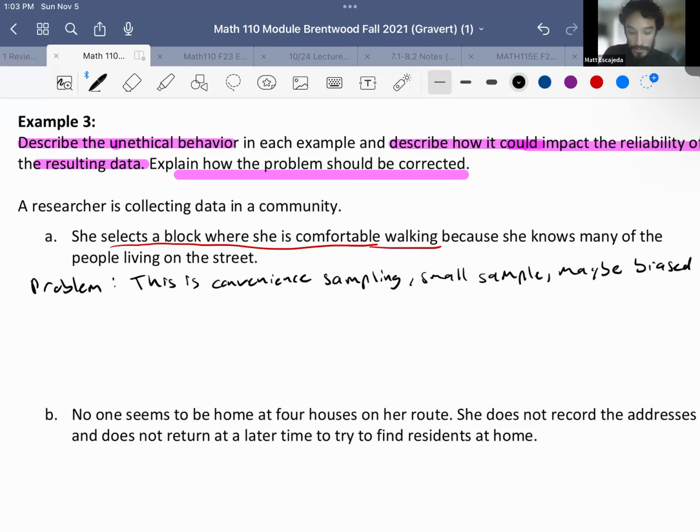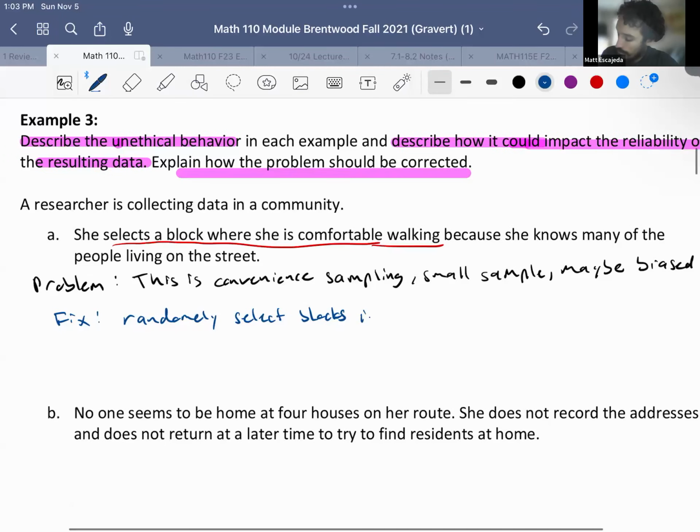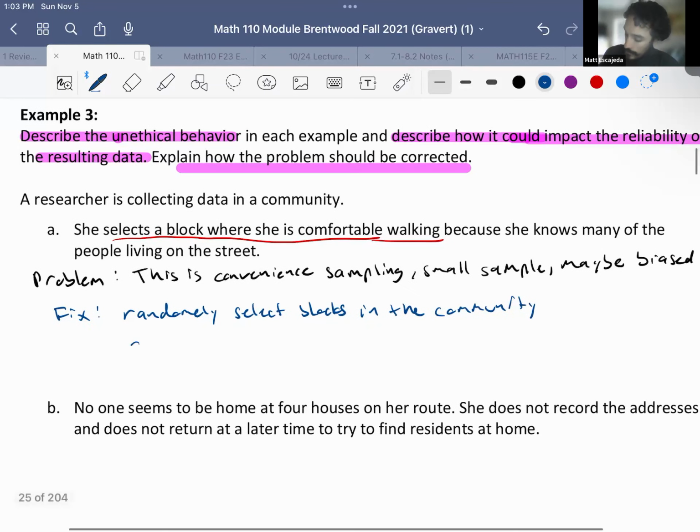Okay, so how would you fix this? You would randomly select blocks in the community and collect data.